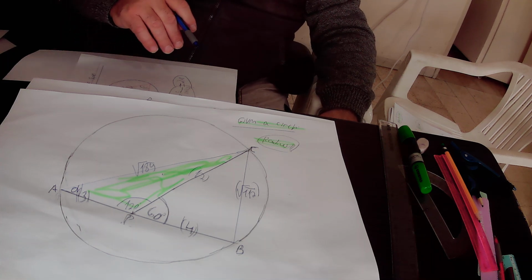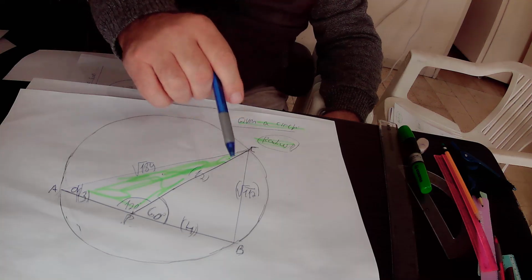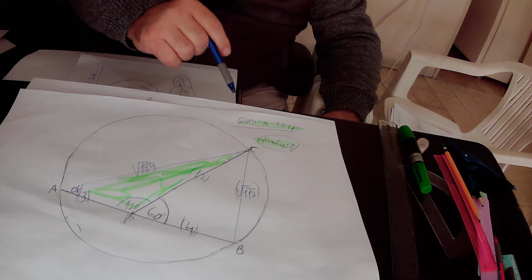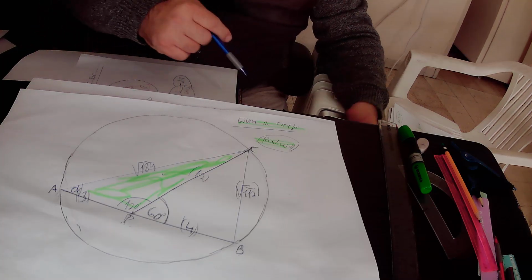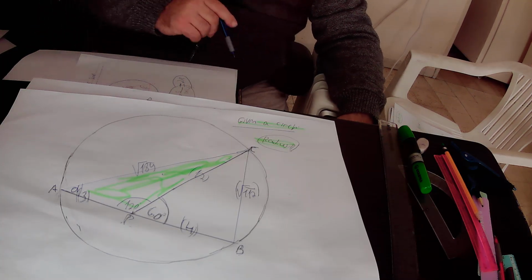According to the law of sines, CB over sine alpha equals 2R. And R is the radius of this circle that circumscribes triangle ABC. R is the radius that we are looking for in this question.